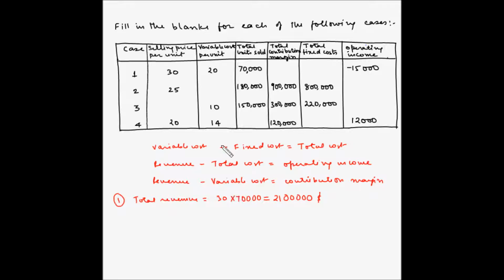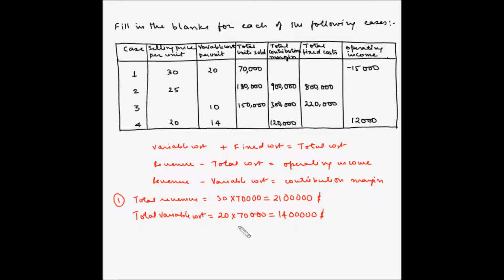Now the total variable cost will be variable cost per unit multiplied by the total number of units sold. So the total variable cost is equal to 20 multiplied by 70,000, and this is equal to 7 2s are 14, and then 4 zeros, so 1,400,000.